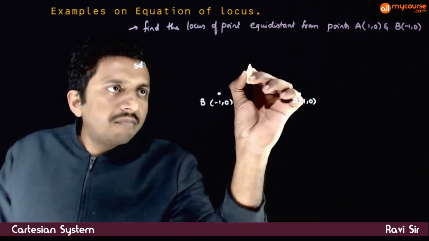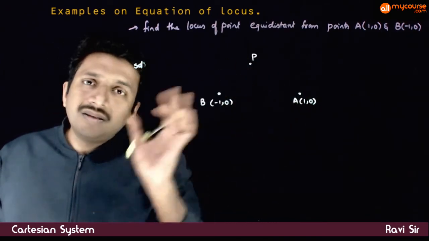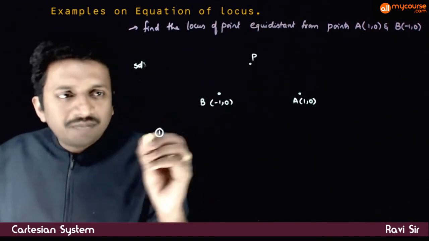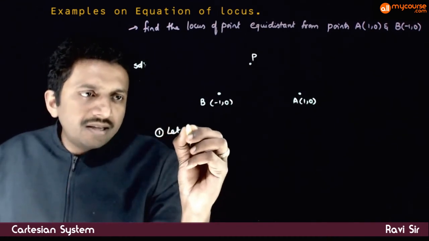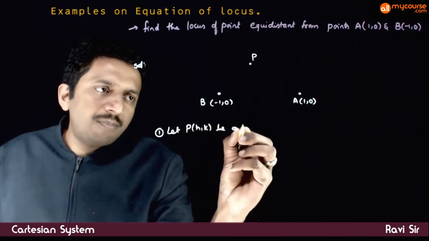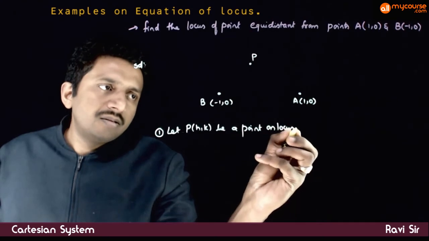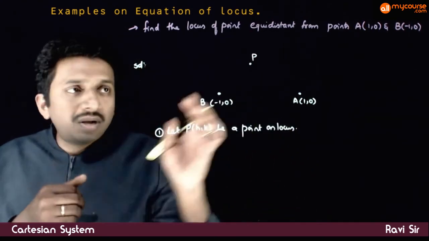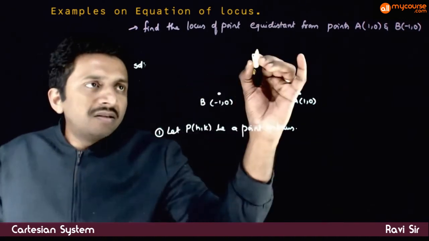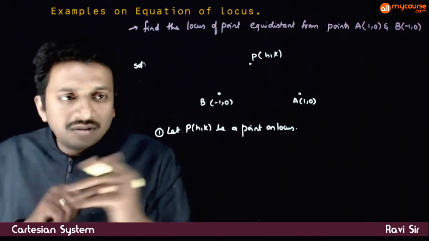I want my point P to be equidistant from these 2 points. So let us start the working. First step is let P(h, k) be a point on the locus. That's the first step that is needed to convert the given question into an algebraic model.